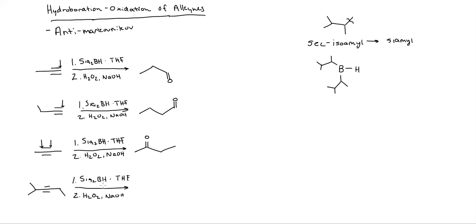So again, this is going to do the same thing that it did in this one. The only difference is that I add a ketone on the left side and on the right side. So I get 2 different ketones here. So 1, 2, 3, 4. So I get this ketone.